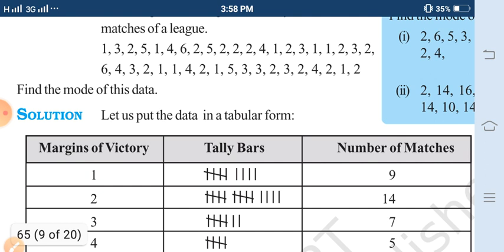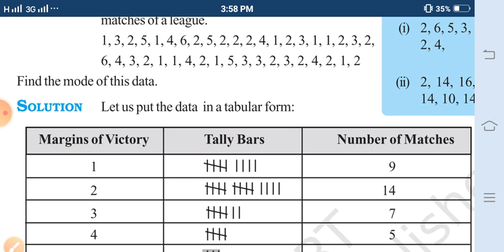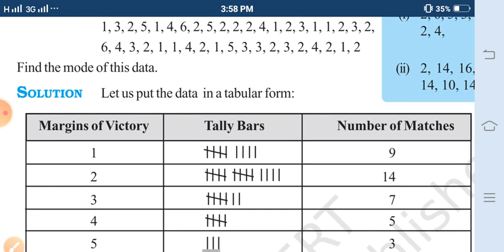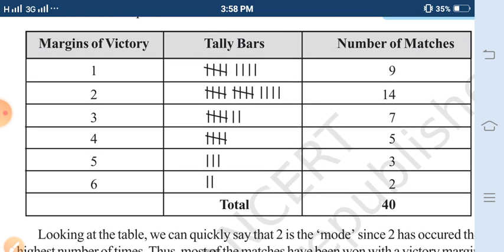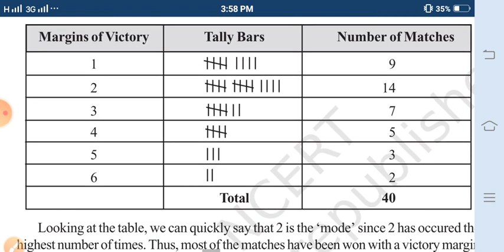How many times has 2 appeared? 14 times. So you will count the total number of times each digit has appeared. In this way you will make the frequency table. After that you will go for the highest frequency.